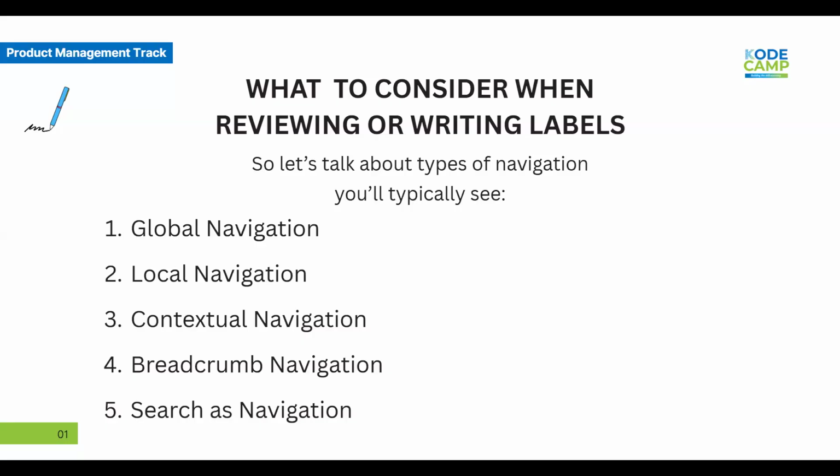Number three, we have contextual navigation. These are links or buttons that show up in response to where the user is or what they are doing. For example, if a user is on the add recipient page and you want to let them create a new contact, a button labeled create new contact might show up, right?